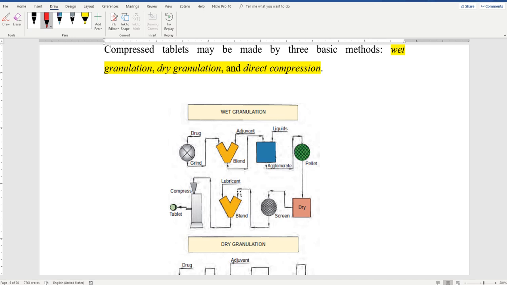In the case of magnesium stearate, which is very hydrophobic, I do not want it to get mixed very, very well in the mixture. This is maybe the only ingredient that I do not intentionally mix very well.